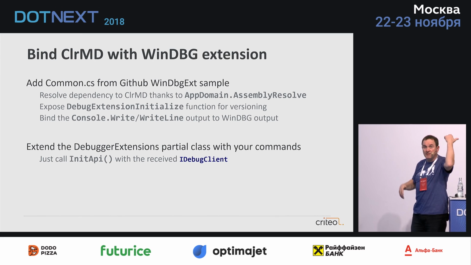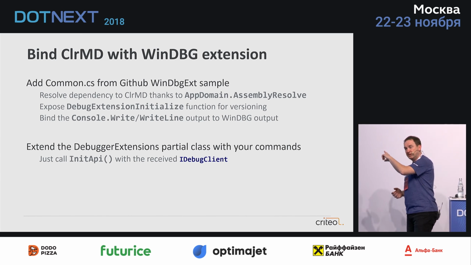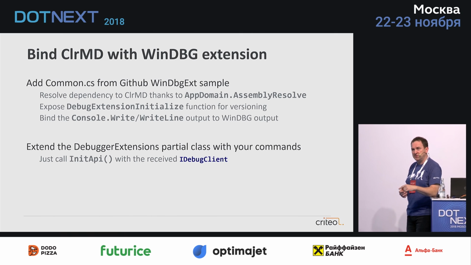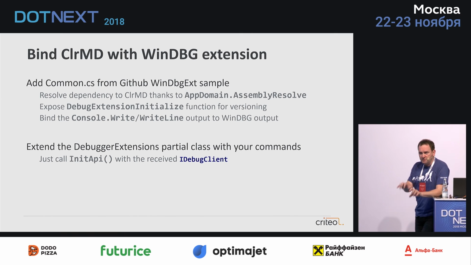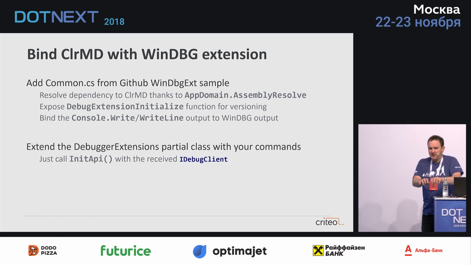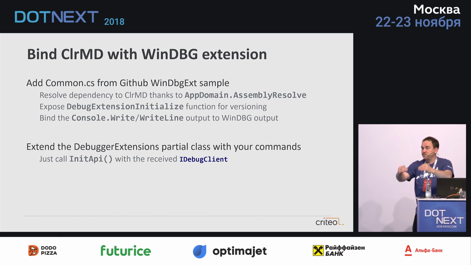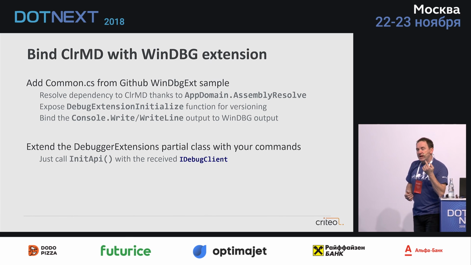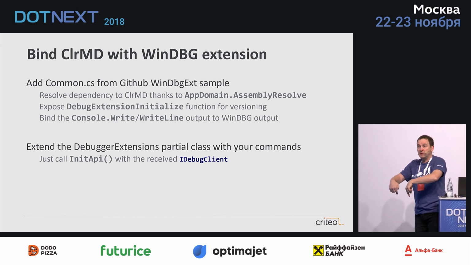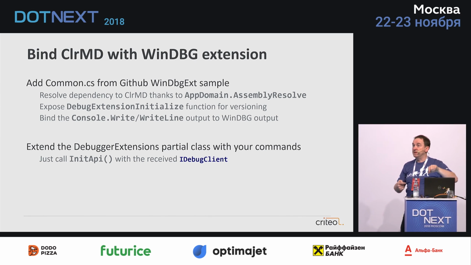I get an IntPtr, if you remember. So what this thing does, it says, okay guys, if you want to send something to WinDbg, it will be text, because you are creating cryptic commands. So the answer of the cryptic command, the response, will be text. So we said, okay, let's reroute all the strings that you will send to the console. If you type Console.WriteLine, instead of going to the console, it will go to WinDbg.